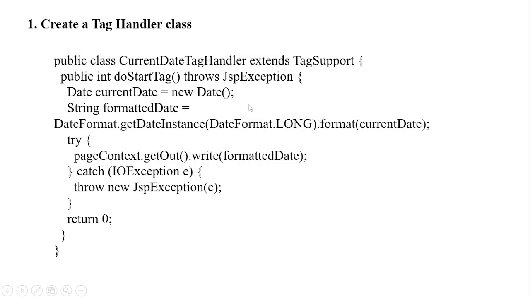So the current date value is assigned to the formattedDate variable. Now again there is a try and catch block for exception handling, and we just print this date that we are getting from here, and return some value. So we just return a 0 here. So this is the tag handler class.